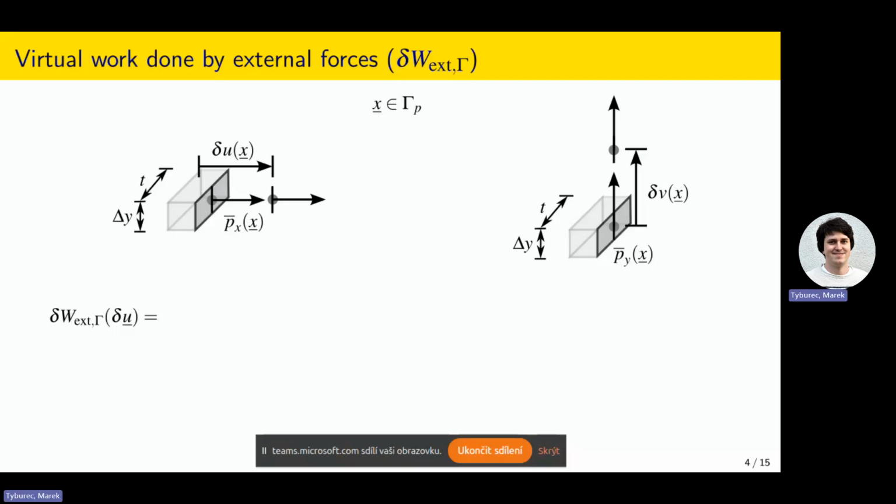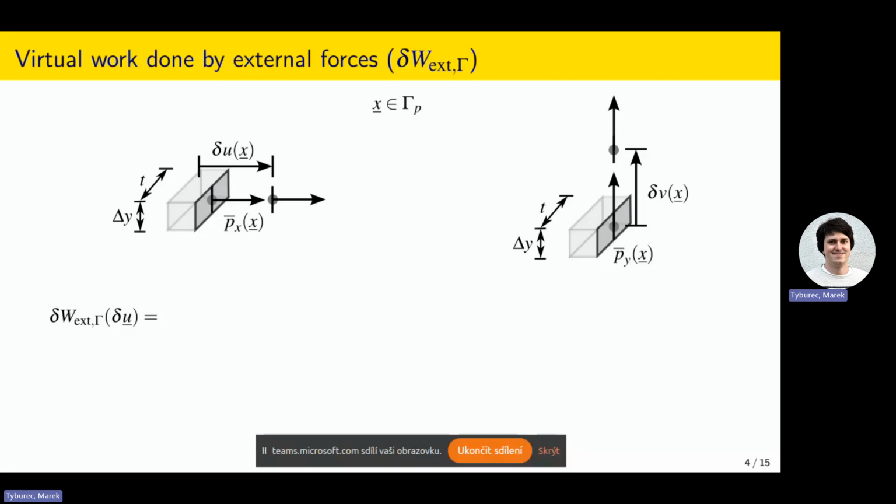We could do something similar for the x direction, but to make the notation simpler and avoid defining the direction of y and x, we will write it in this form.